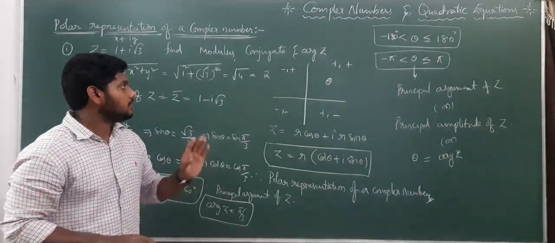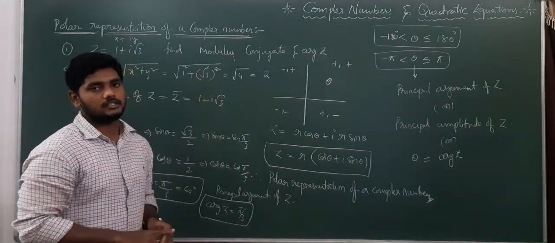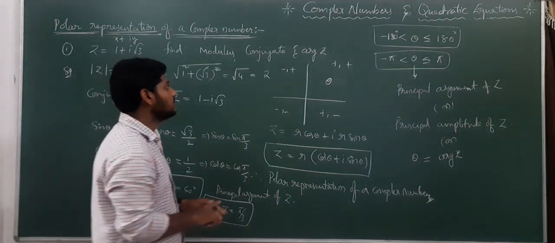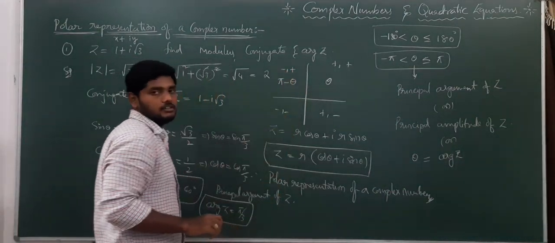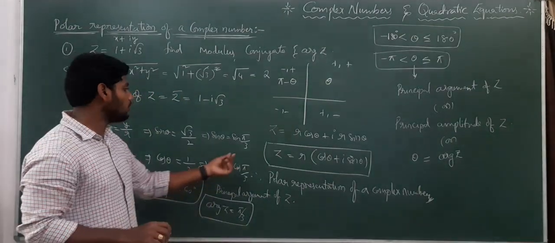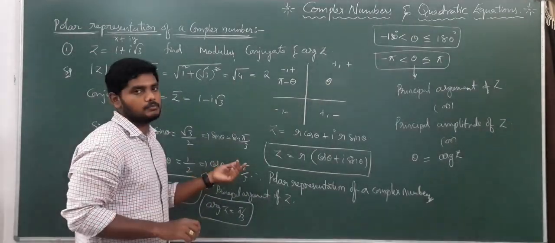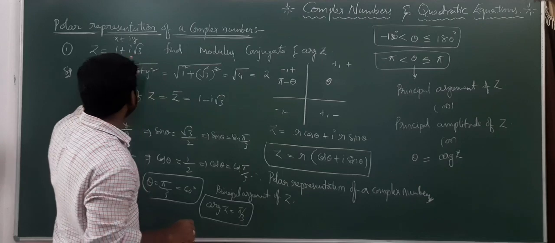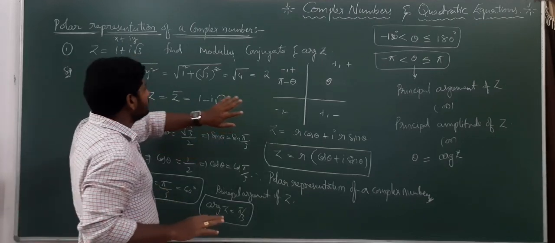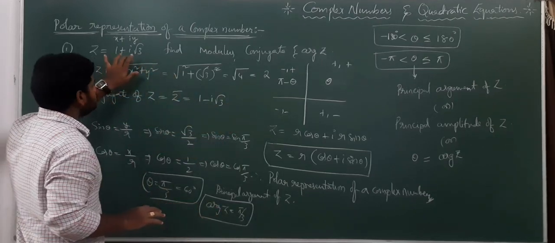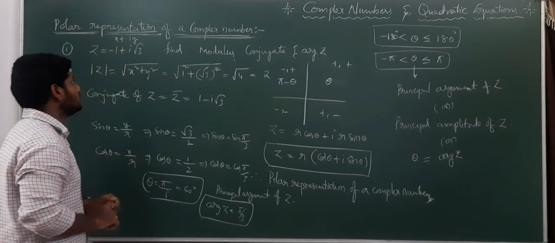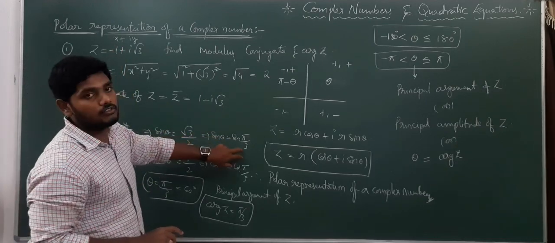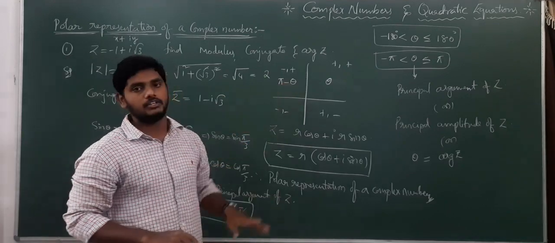Remember, when it comes to the second quadrant, we need to take pi minus theta. For example, if we got theta as pi by 3, and the number is, for example, minus 1 plus i root 3, what do we need to take? Pi minus pi by 3. Why?